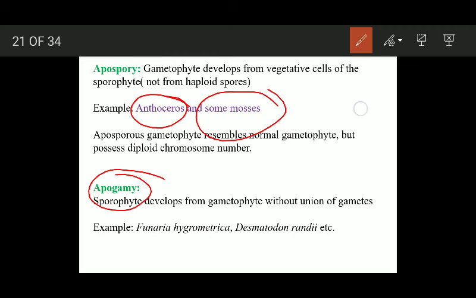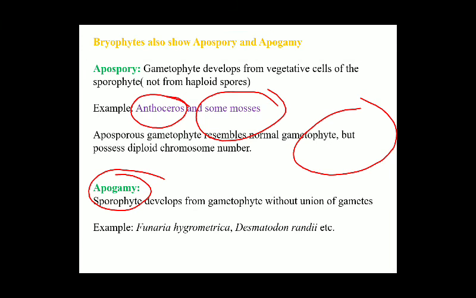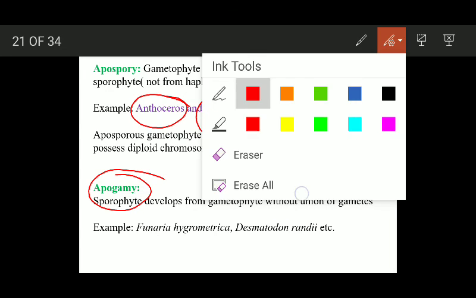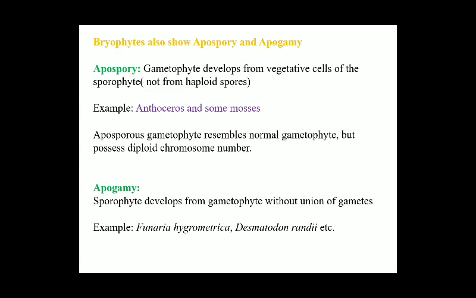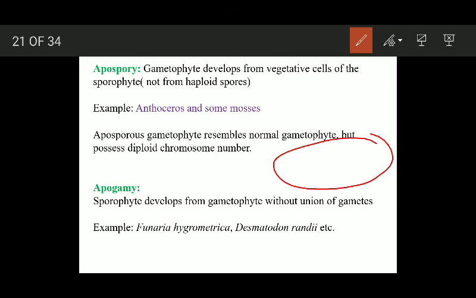You have a gametophyte here. The normal procedure is it will lead to the formation of sporophytes. Here this is a female gametophyte, for example.